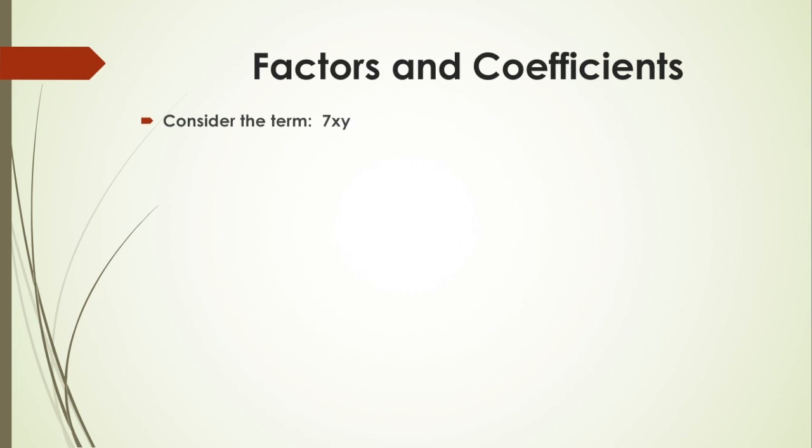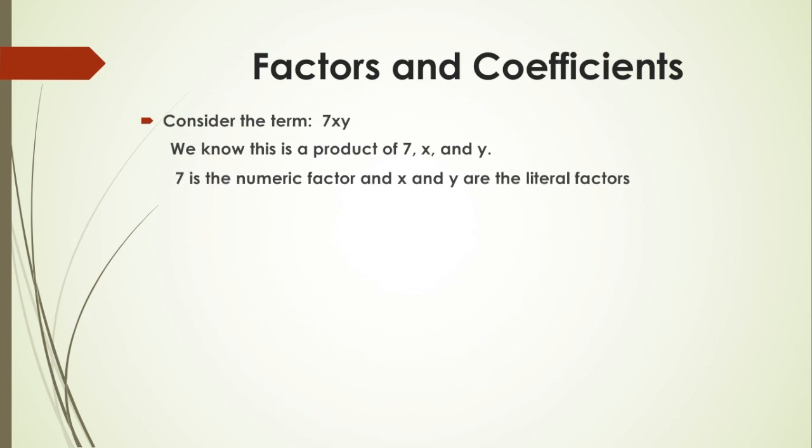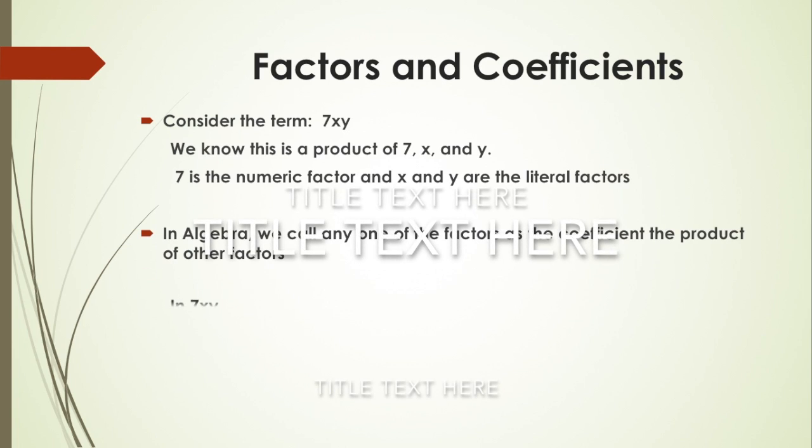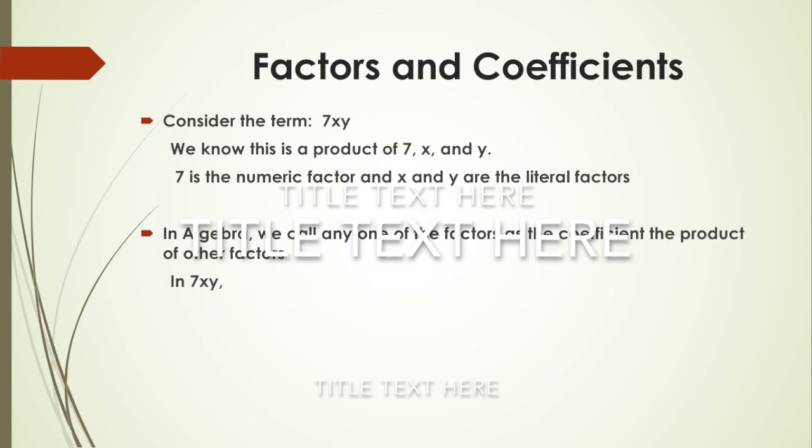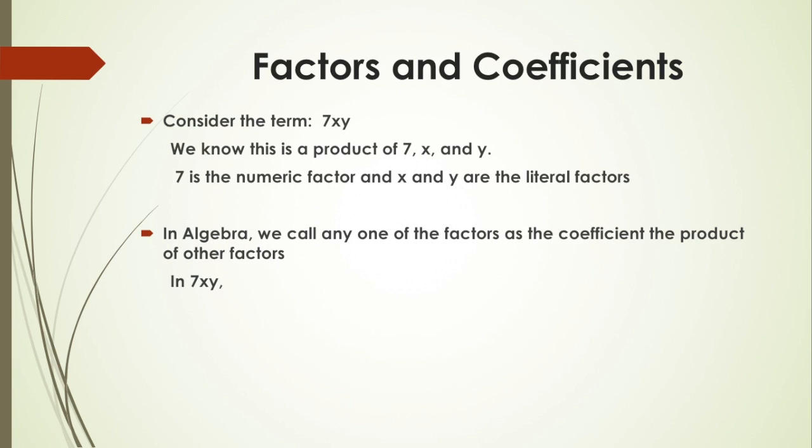Now, let's look at this term, 7xy. We know it's a product of 7, x, and y. 7 is the numeric factor, and x and y are the literal factors. In algebra, we call any of these factors the coefficient of the product of the other factors.